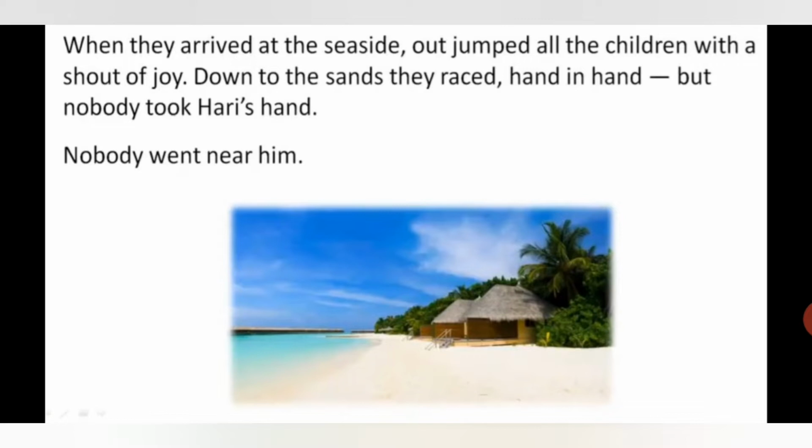Down to the sands they raced hand in hand, but nobody took Hari's hand. Nobody went near him. Everybody was shouting with joy, holding each other's hands and playing on the seaside, but nobody went near Hari because everybody hated him.